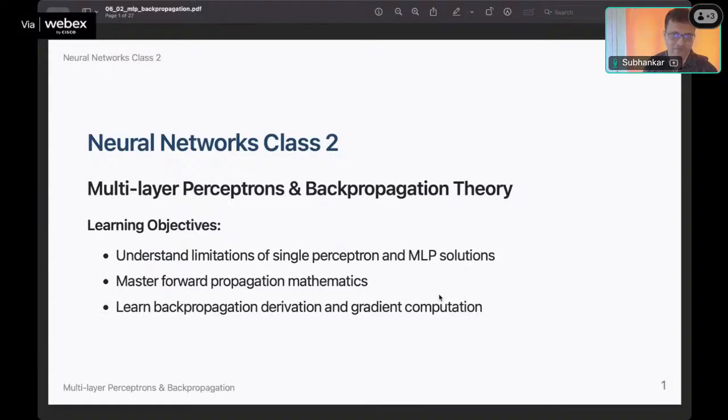So similarly, we will look at how we can build a multi-layer perceptron, which includes many artificial neurons, and together how it can solve problems that the single perceptron cannot solve. Yes. And then, of course, because we have a multi-layer perceptron, we'll also take a look at the backpropagation theory. Yeah. So that's the idea of this class.